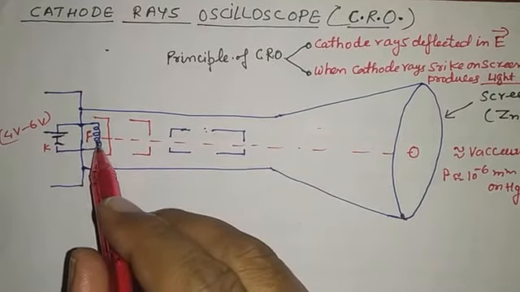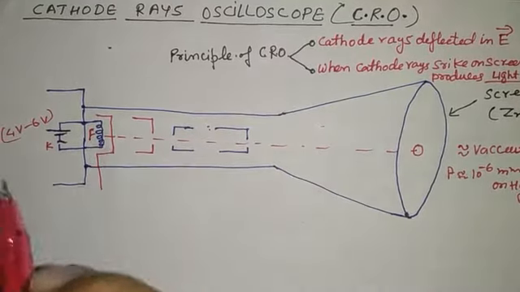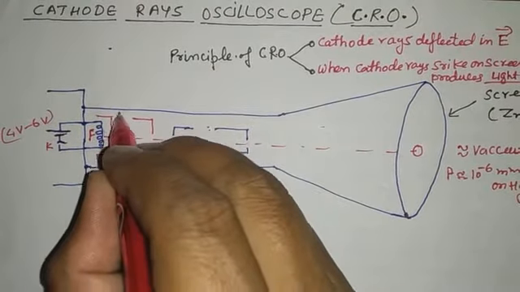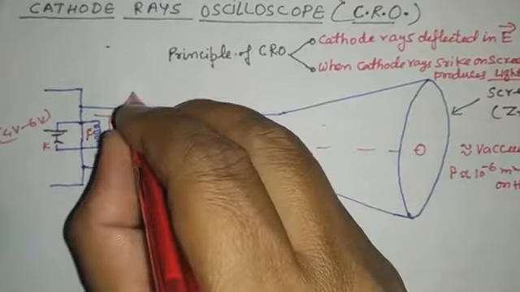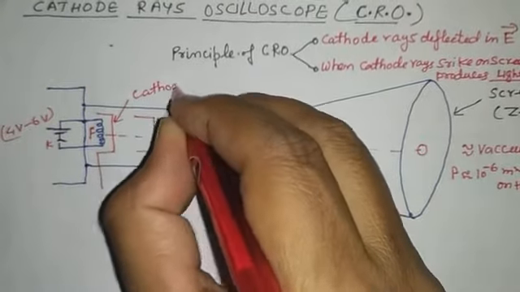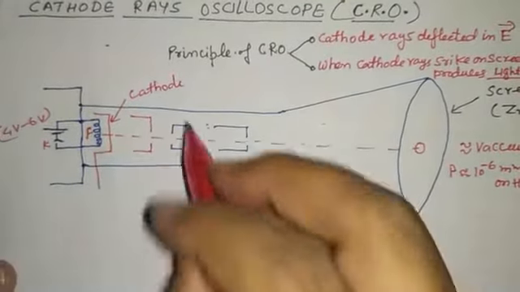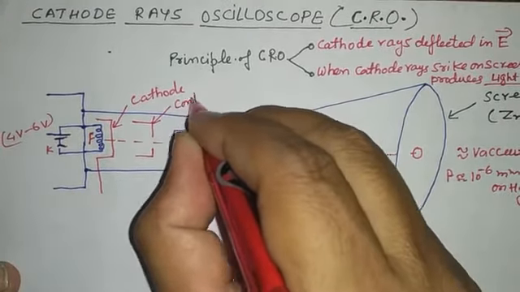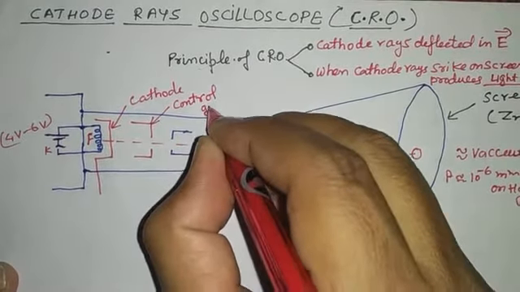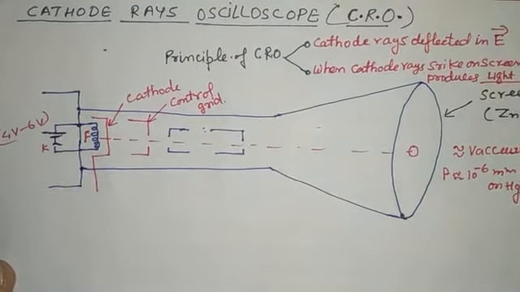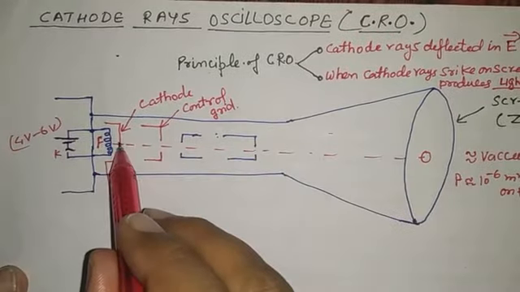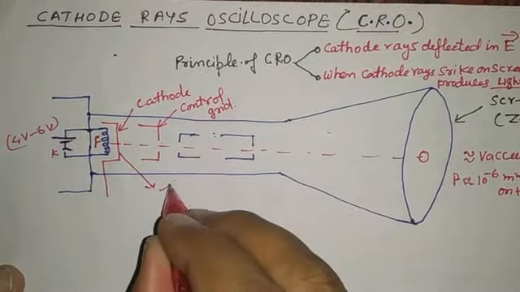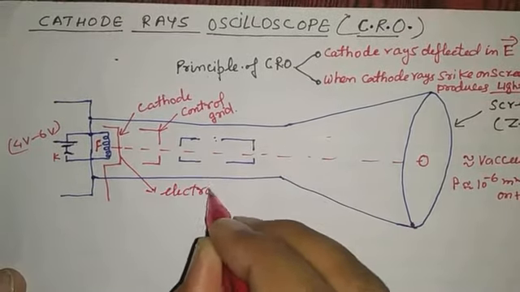So the work of the filament is only to produce heat energy, thermal energy here. In front of that, here is a plate known as cathode. Thereafter, here is a grid plate known as control grid. When the filament gets heated, this cathode emits electrons.